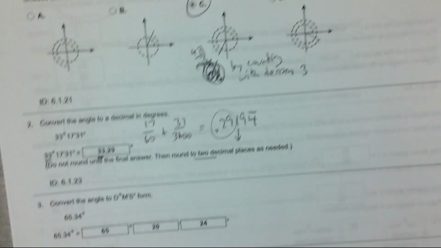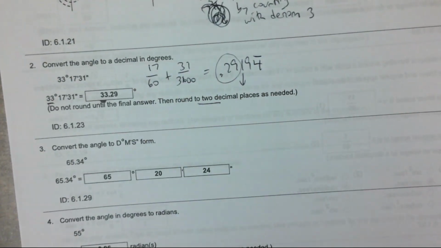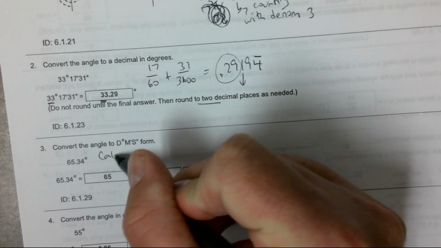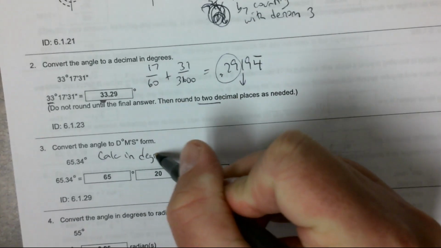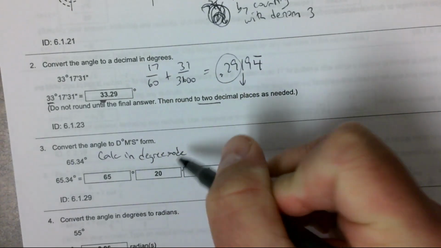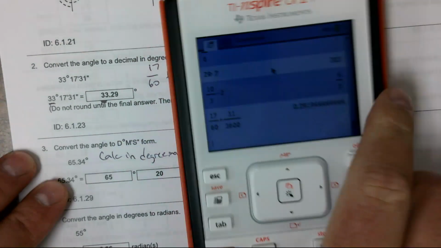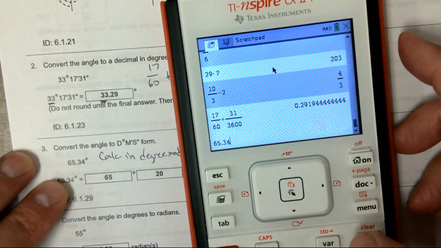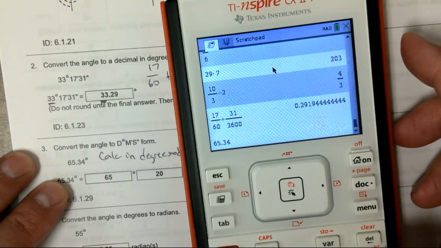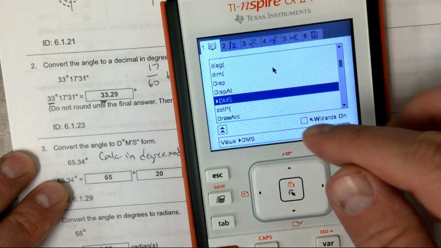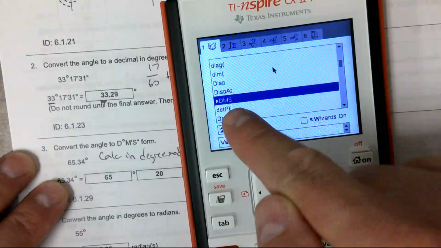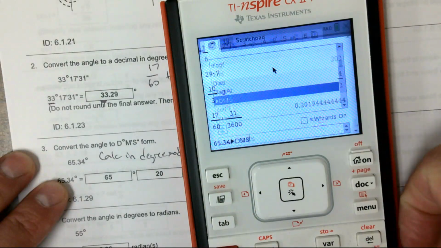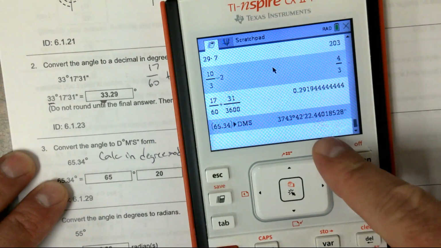On the next one, make sure your calculator is in degree mode. And do 65.34. Go to the book, and you have to be on the first tab in DMS, and just press enter.